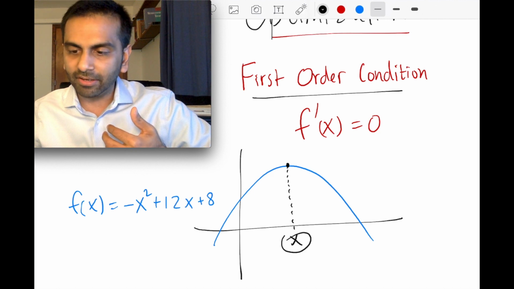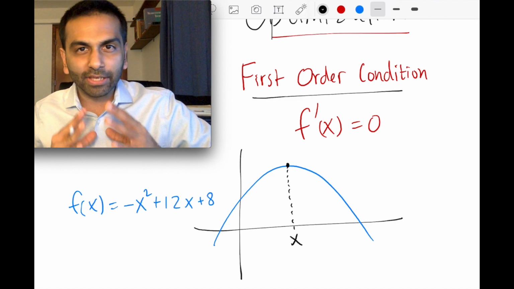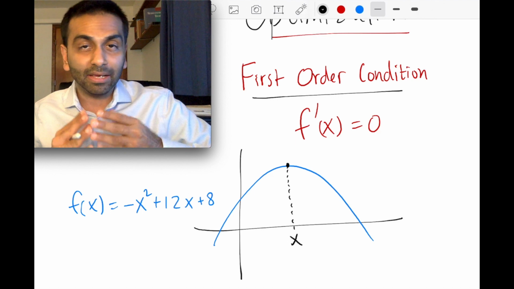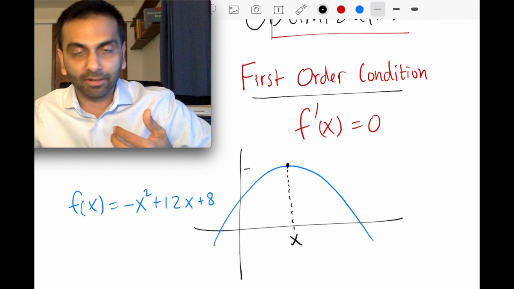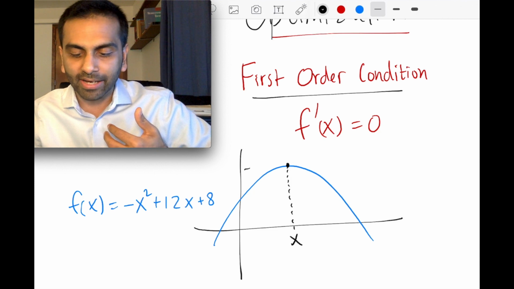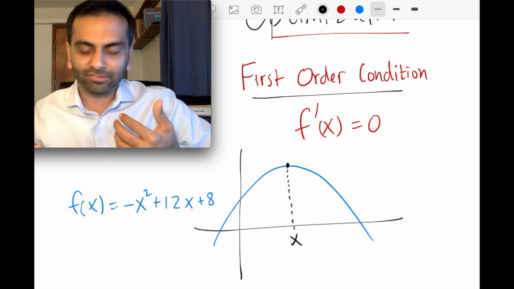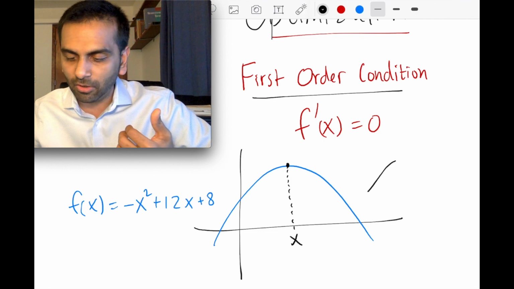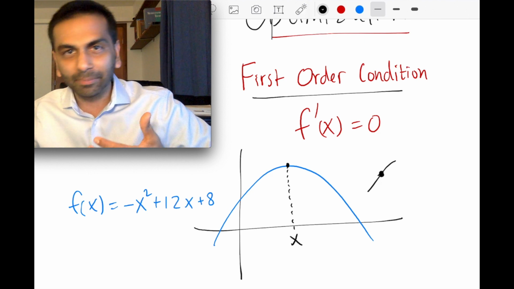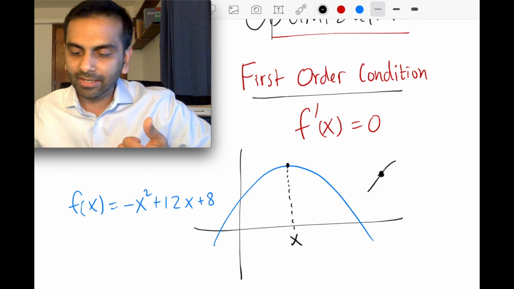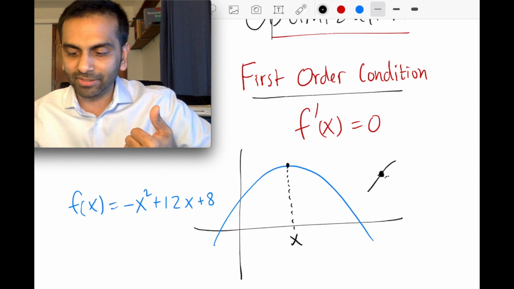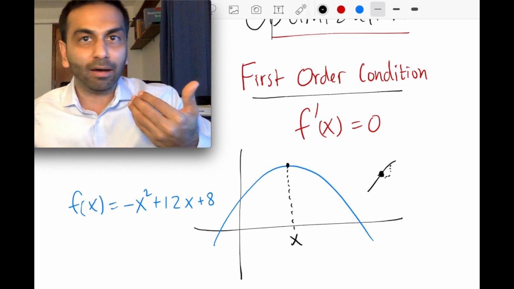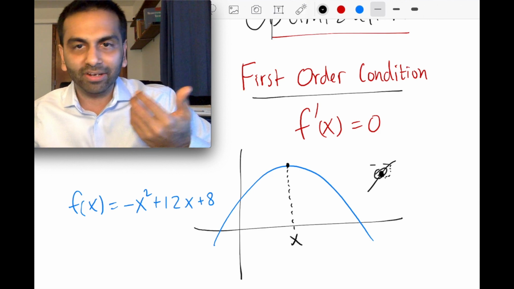And so here's the thing, ultimately, the only way a point can be a max or a min is if it's a flat slope there, meaning it can't be a positive or a negative slope and still be a max or a min, because if you're a positive slope, then if you move a little bit to the right or a little bit to the left, it's basically not going to be as high as possible or as low as possible anymore. If I were to move a little bit to the right, something else is above, and so that means this point is not a maximum.